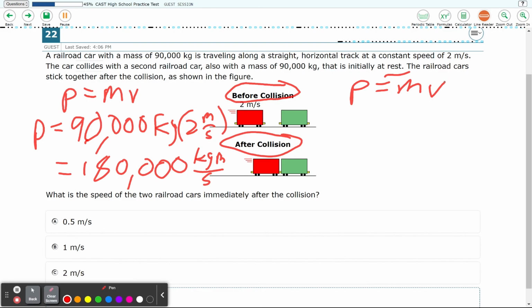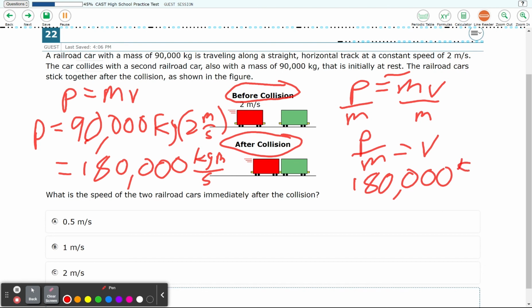So since we're trying to figure out the velocity after the collision, we can divide both sides by mass and get that V equals P over M. Well, P is 180,000 kilogram meters per second. And the mass, we now have two things that are 90,000 that are stuck together.